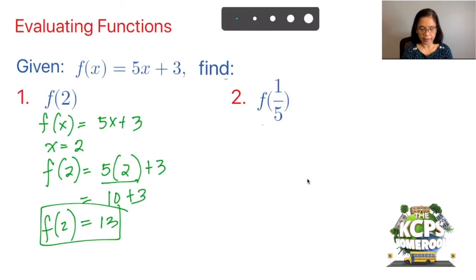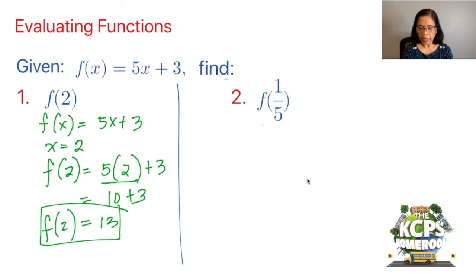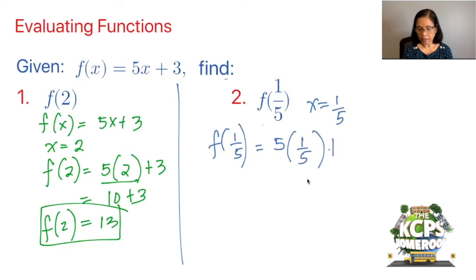Okay, next. When we are asked to evaluate the function when x is 1/5, this simply means that we substitute x with 1/5 in the function f of x, which is 5 times x plus 3. So our x is 1/5, plus 3.